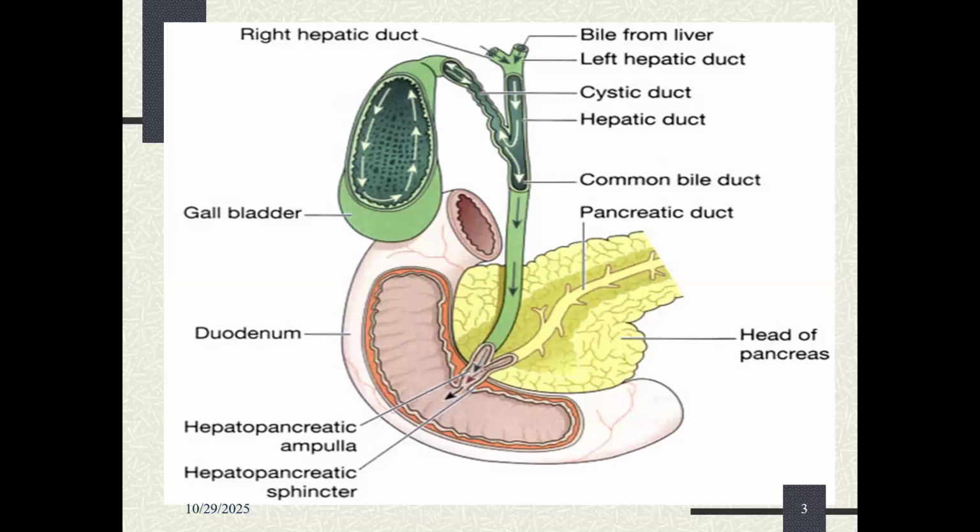From the common bile duct, it will move down, where it will go through the hepatopancreatic ampulla and also go through the point we are calling the hepatopancreatic sphincter, and then it will reach the duodenum. That is basically how the bile moves from the liver into the duodenum.